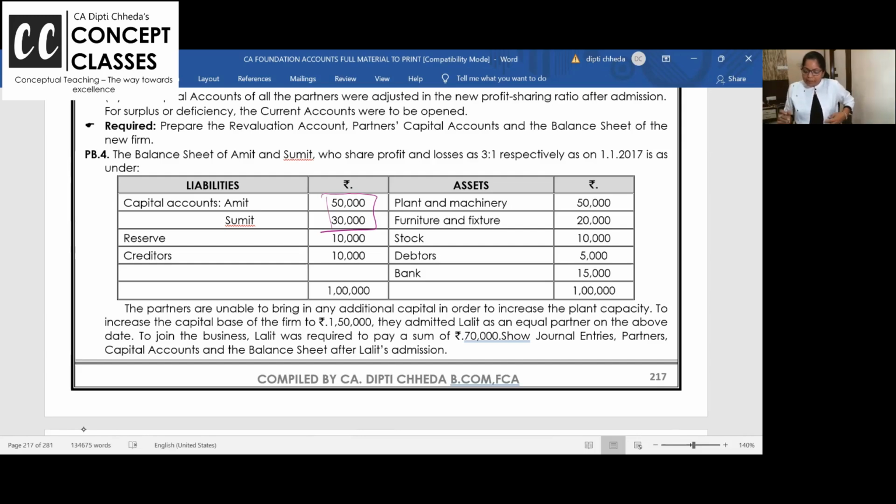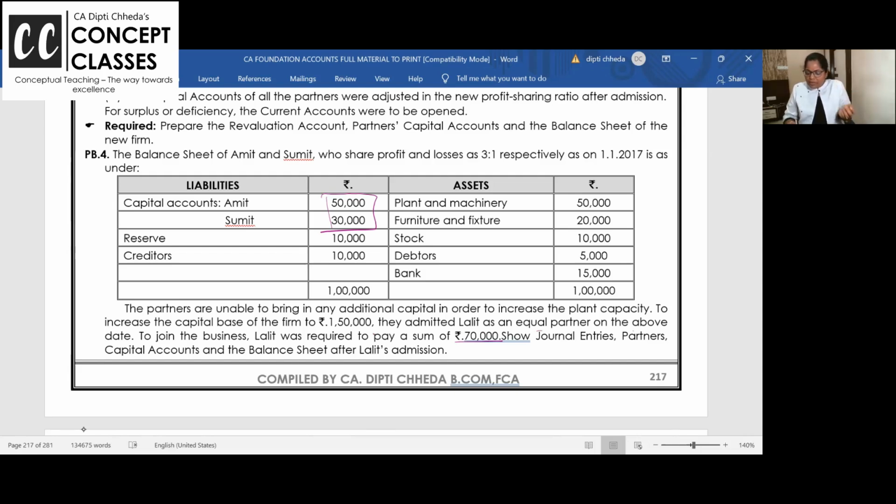So right now the capital is 50 and 30. And they want to increase the base to 1,50,000. Okay, so they admitted Lalit as an equal partner. To join, Lalit is required to pay 70,000. But in 70, how much is goodwill and capital?